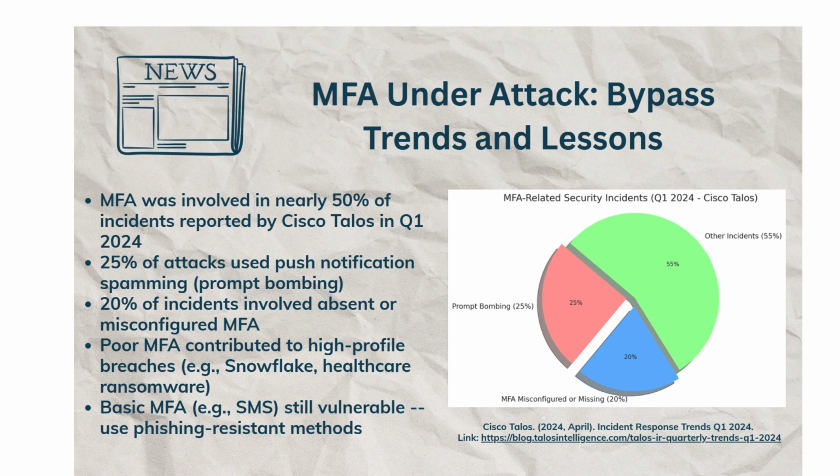And in 20% of the incidents they investigated, MFA wasn't configured properly or it was missing altogether. These gaps contributed to major breaches, including ransomware attacks in healthcare and the Snowflake customer compromises, where MFA wasn't enabled by default. The takeaway: not all MFA is created equal.